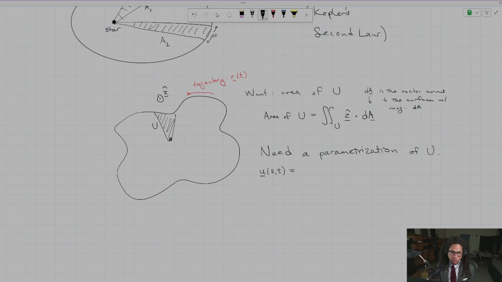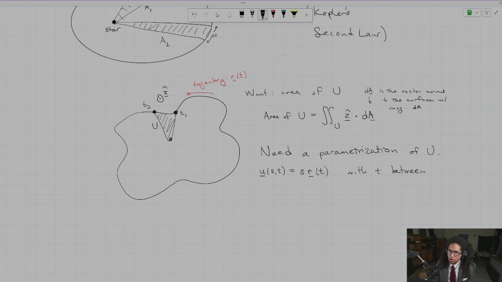And my parameterization is as follows. It's going to be s times r of t, with t between, well, we need some values. So let's say that this is the point, the point in time t1, where the particle enters the region U, and this is the point t2.